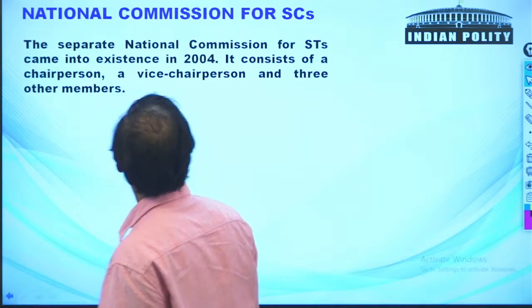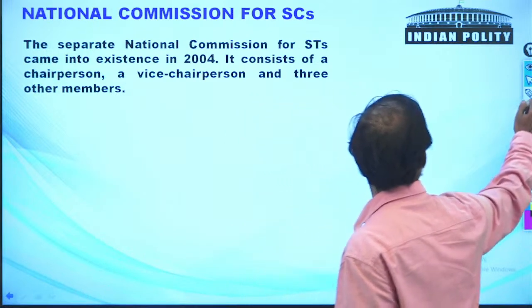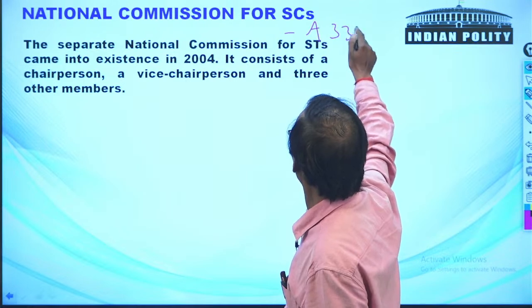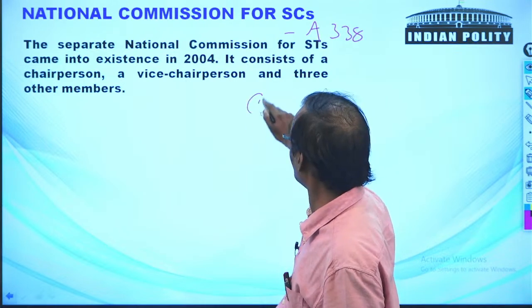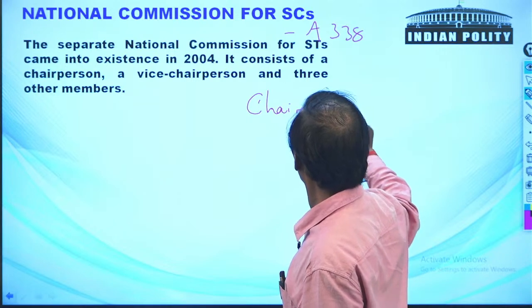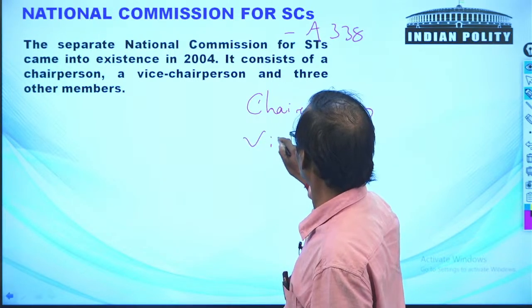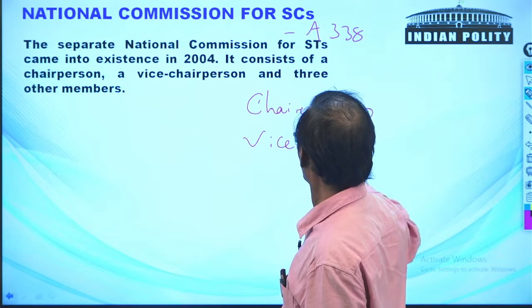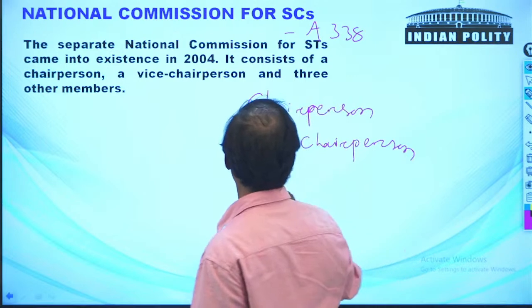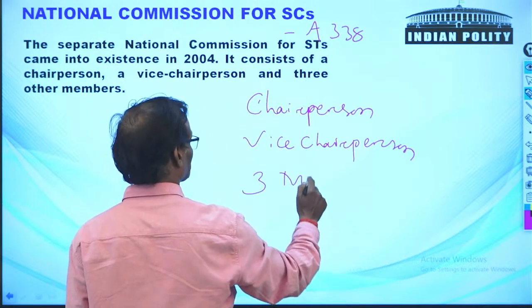So the National Commission for Scheduled Castes is provided under Article 338, and it consists of a chairperson, a vice chairperson, and 3 members.